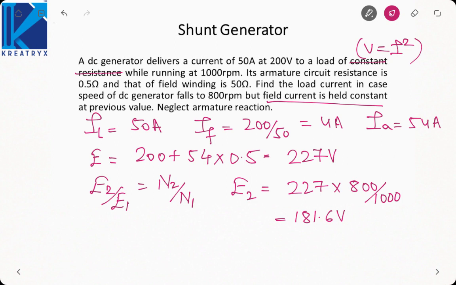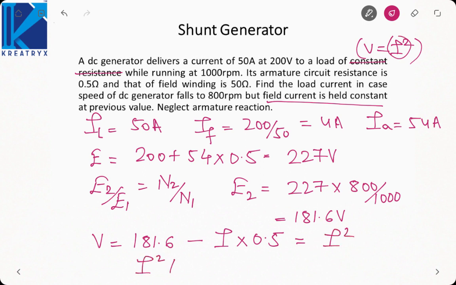Now we know the new induced EMF. What about terminal voltage? 181.6 EMF minus I into RA 0.5. Now we know it will be equal to load voltage, which is actually equal to I square. So we get a quadratic equation.